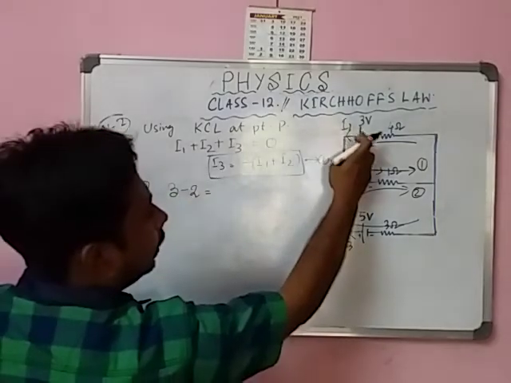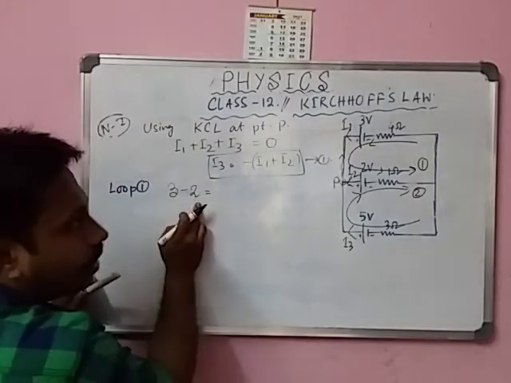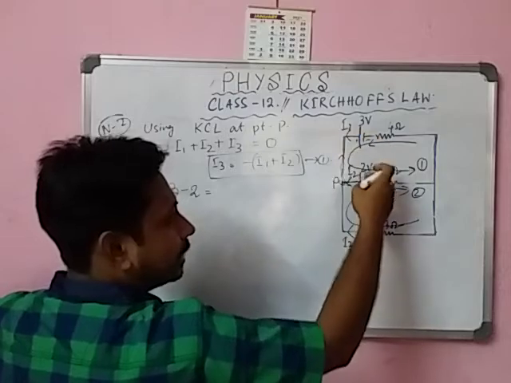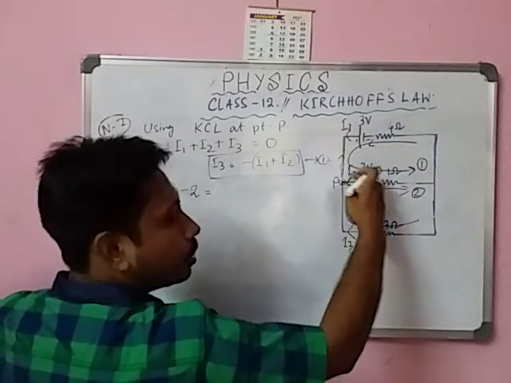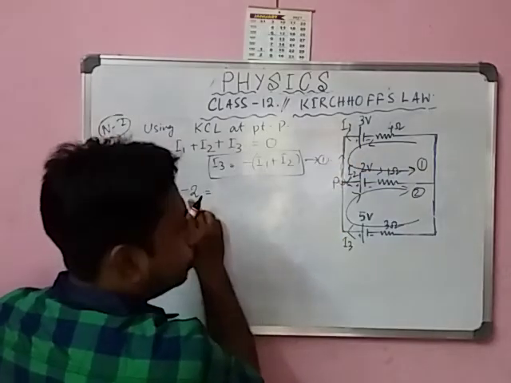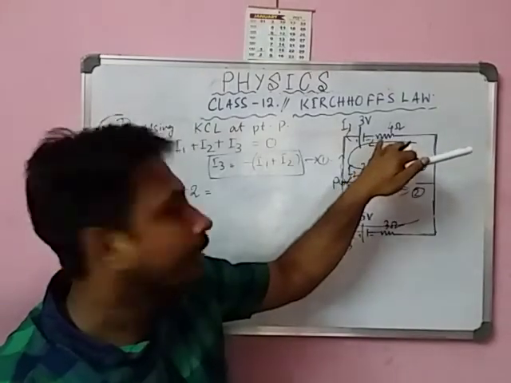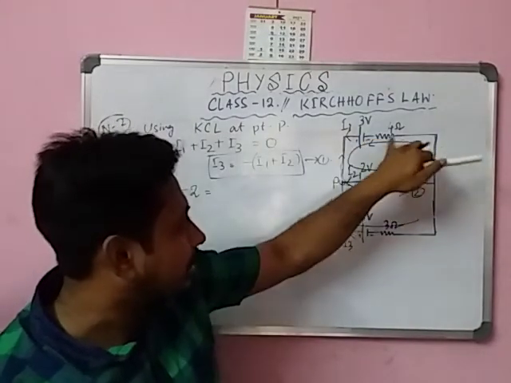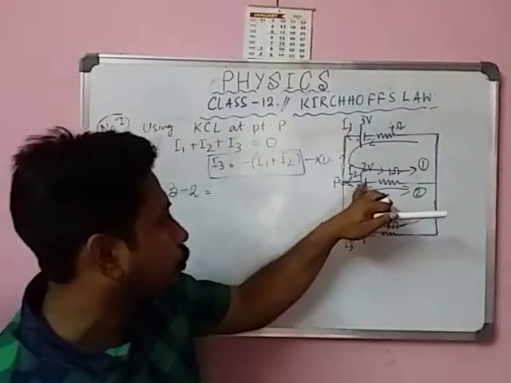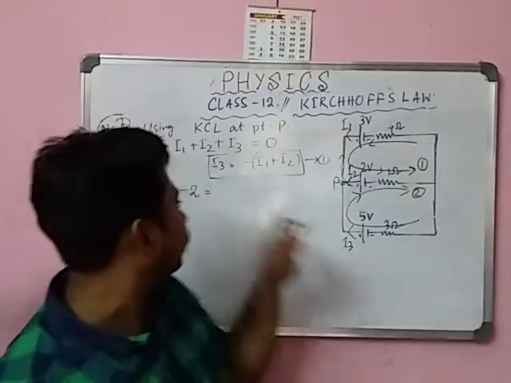Look at the direction that I have drawn: 3 is in this direction, the same as the direction of current, so 3 is plus, but 2 is opposite to my direction. That's why minus.